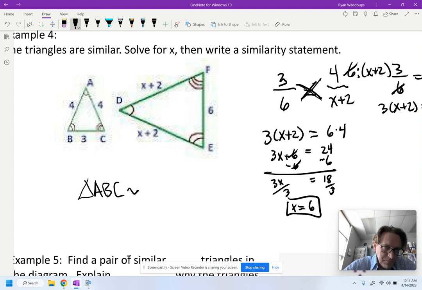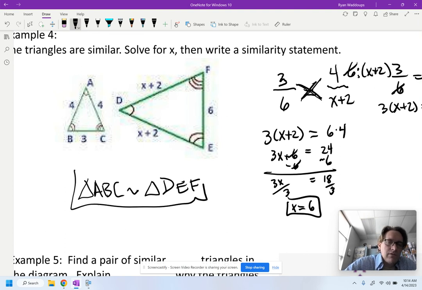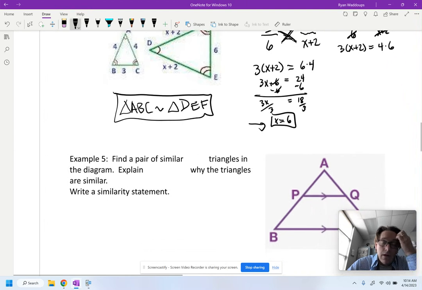D is the vertex in between the two equal sides. And so this would be triangle D. Then we went to B. And so here we're going to go to E, D to E, and then F. So this is our triangle similarity statement, and this is the value for x.